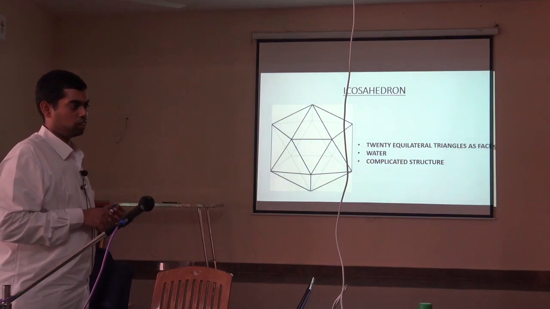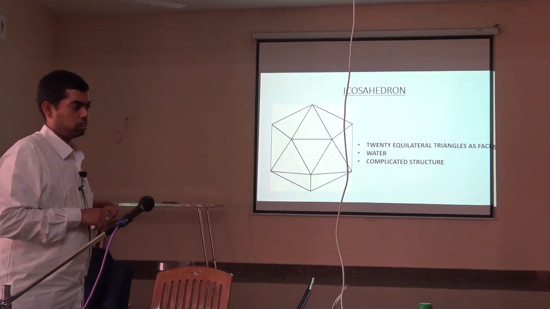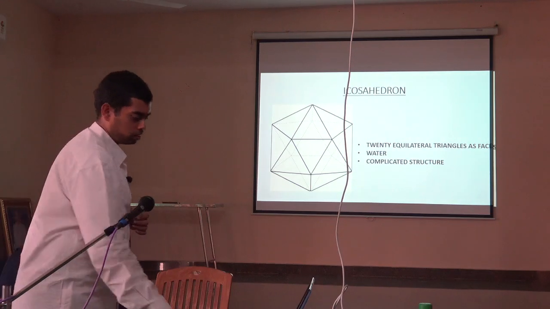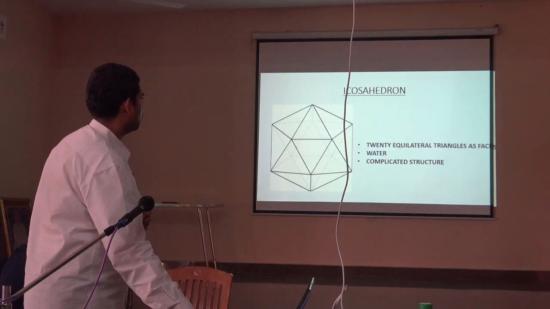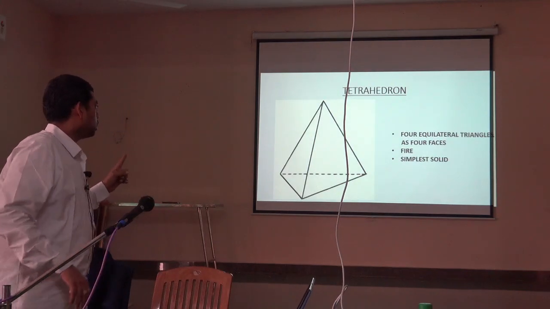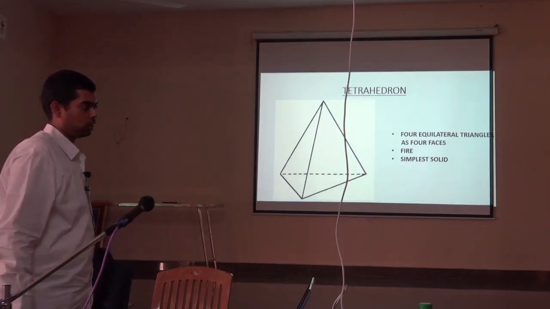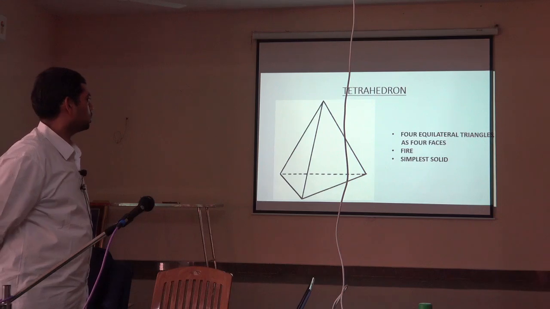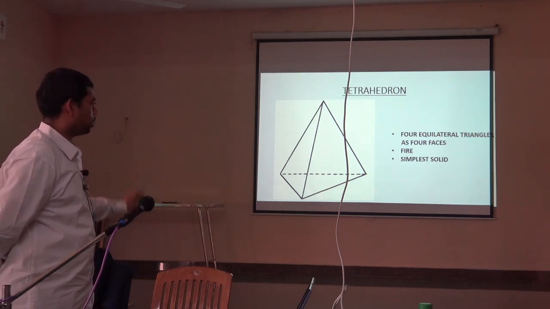And this is the symbol for water. And then you saw this in the hand of Pythagoras in the first painting. And this is the symbol of fire. This has 4 equilateral triangles.